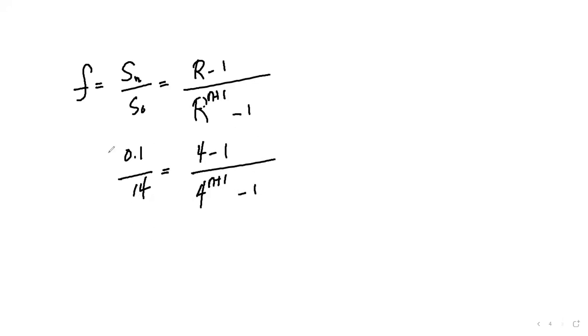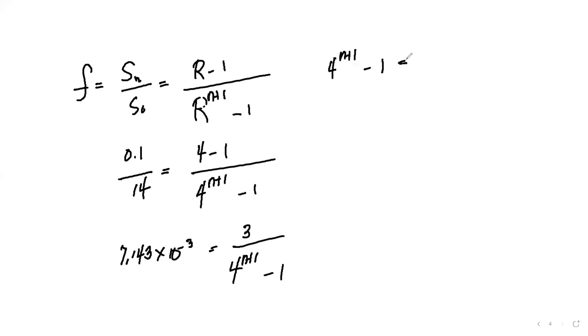If we process this, you will have 7.143 times 10 raised to negative 3, and we have a 3 here over 4 raised to n plus 1 minus 1. You have 4 raised to n plus 1 minus 1 equal to 420.